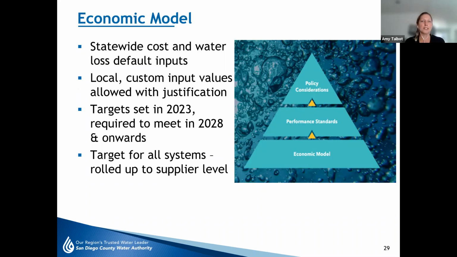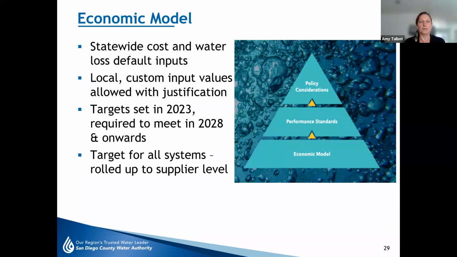The good news is that you can change those inputs and customize them as long as you justify it to State Water Board staff. Then the ultimate target will be set in 2023 after the model is finalized. Right now, it's not there yet. And you're required to meet that calculated target or maintain your current level of loss in 2028 and onwards, again, a 3-year rolling average.